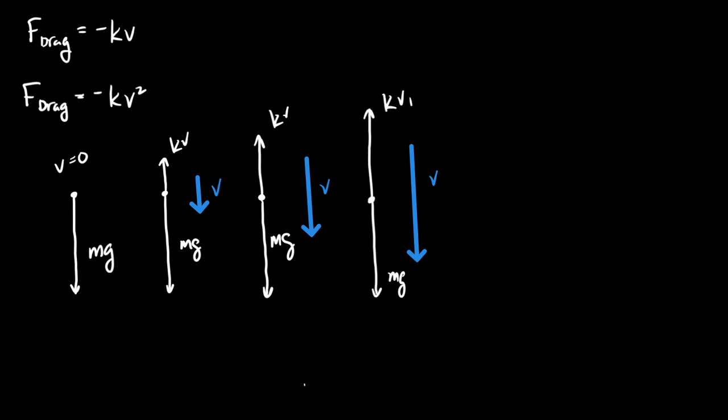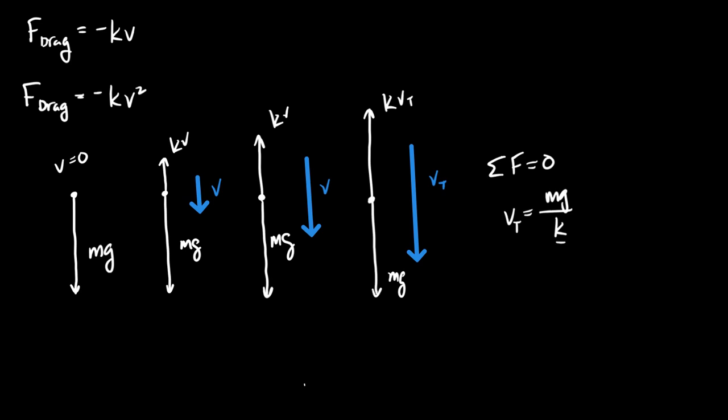We call this the point at which terminal velocity is achieved. When you achieve terminal velocity, the net force equals 0. So for an object experiencing laminar drag or linear drag, the terminal velocity is reached at this moment. And therefore you can kind of calculate it if you know what k is.